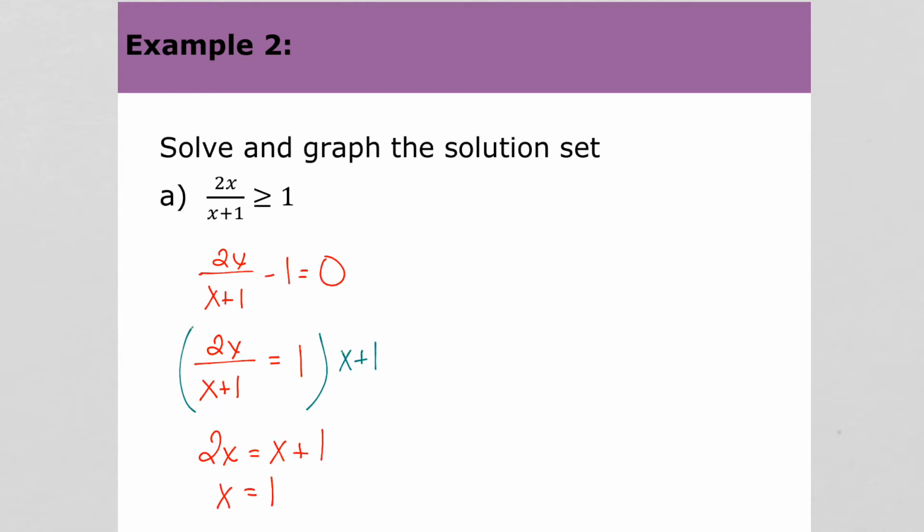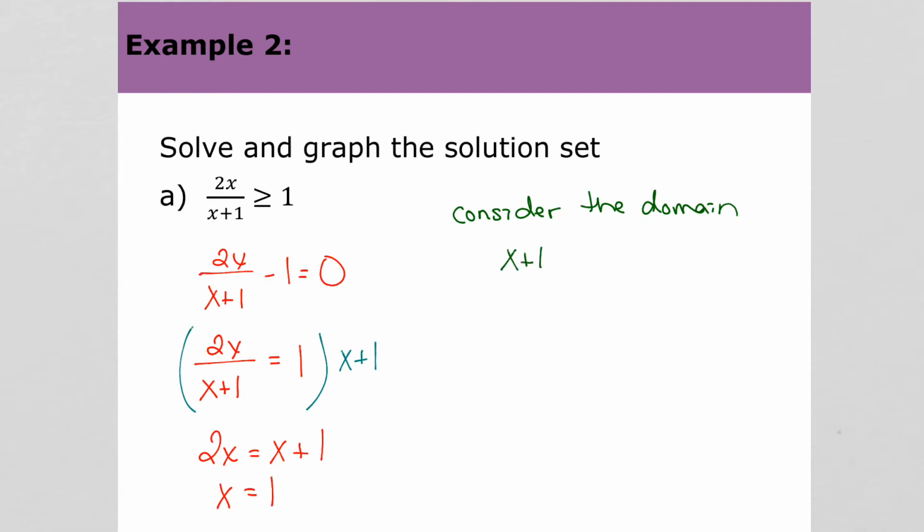We also, with rationals, we also have to consider the domain. So not only set it equal to 0 in solving, but we have to consider the domain in our solution. The domain is affected by the bottom of the fraction.